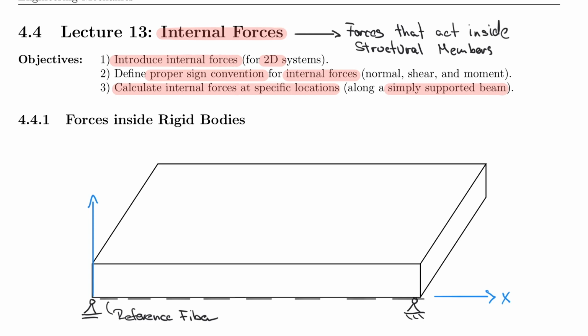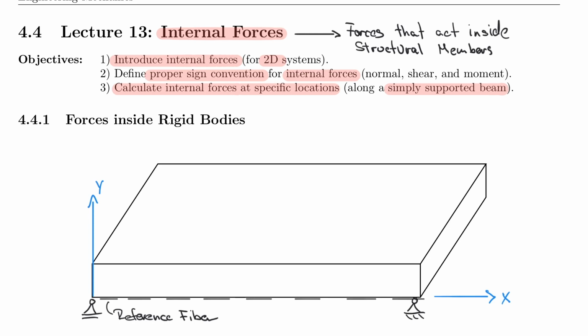And you may think now, why do I need a reference fiber? I clearly understand that if I have a horizontal member here, that the x-axis is pointing to the right and the y-axis is pointing up. And that's absolutely correct. But what happens if you deal with a vertical member? Do you put the reference fiber on the left side or on the right side? Or what happens if you have a sloped member that is neither horizontal nor vertical?